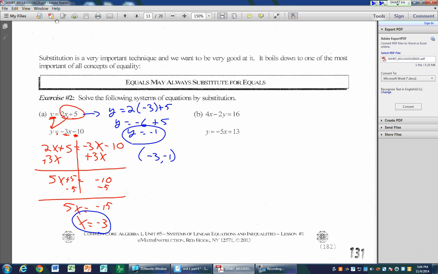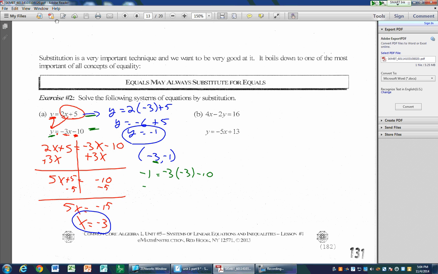Now what's extremely important here is to check. We substituted into the first equation to find it, so now I'm going to check using the second equation. Instead of writing y, we're going to write negative 1 equals negative 3, and instead of writing x, we're going to write negative 3, minus 10.